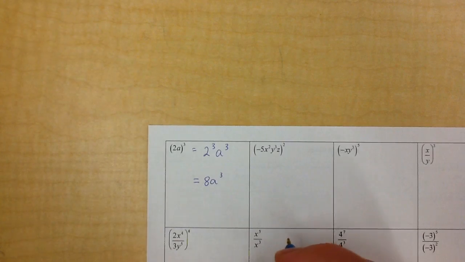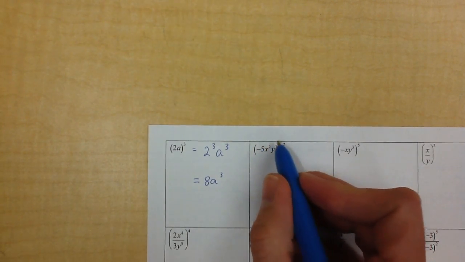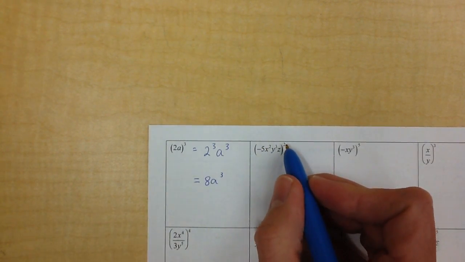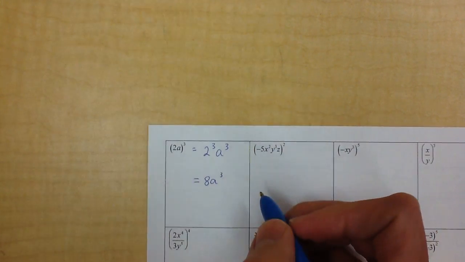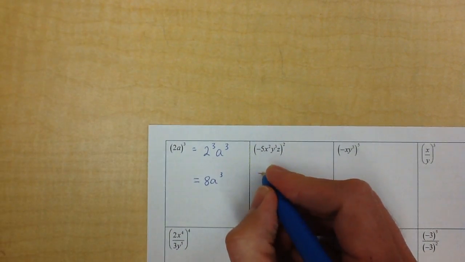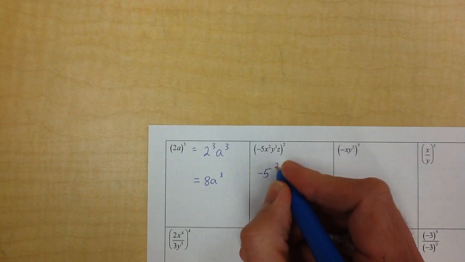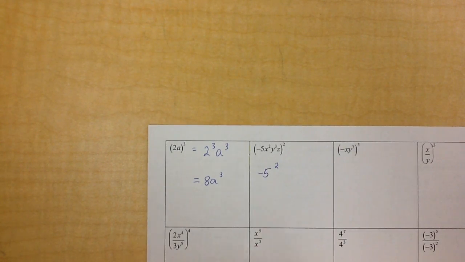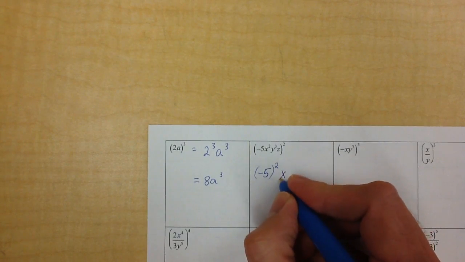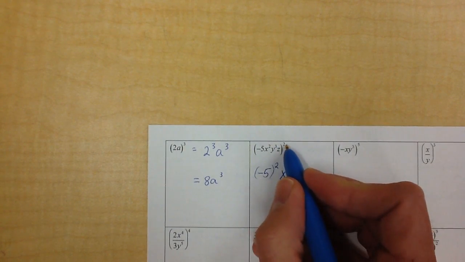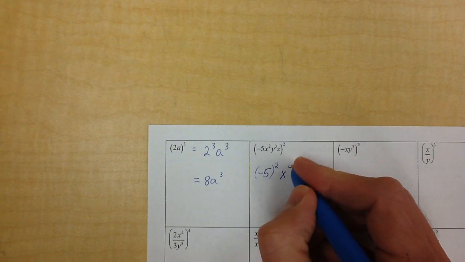We have this disgusting mess here. What we're really doing is distributing this 2 to everything. So let's do it. We have negative 5 squared. Oh, wait. That negative 5 is squared. That whole thing is squared. x to the 2 times 2 is 4.